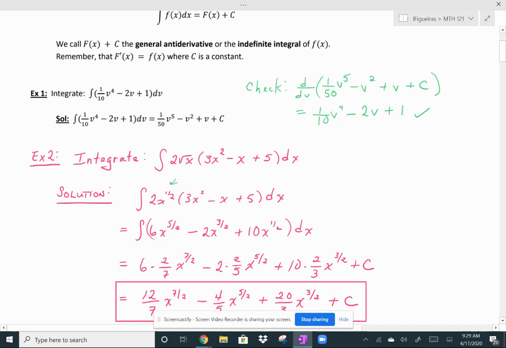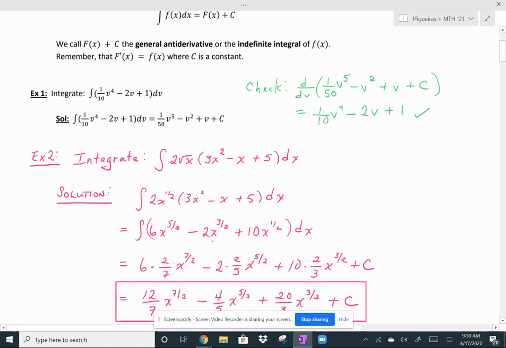When you distribute, you add your exponents, because when you multiply exponential expressions with the same base, you add the exponents. And you also just multiply the coefficients. So 2 times 3 is where the 6 comes from in the next line. And 1/2 plus 2, adding your exponents, gives us 1/2 plus 4/2, which is 5/2. And you continue doing that across all three terms.